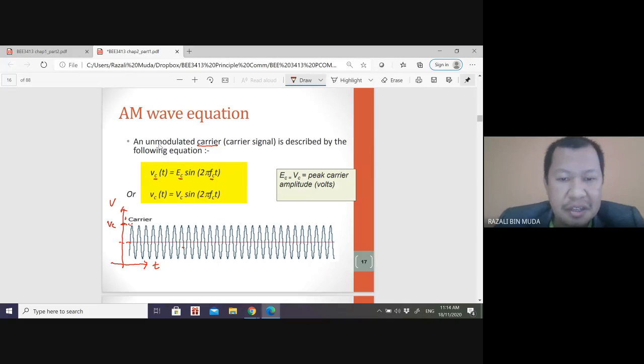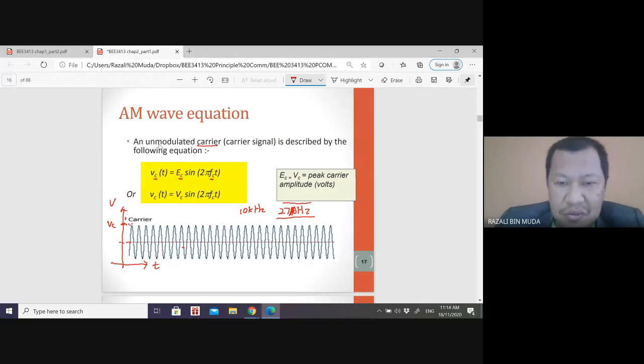FC is the carrier. So in the previous example, we have seen that FC, one of the value is 10 kilohertz. Now the value given is 27 kilohertz. So the value is much more bigger. Sorry, 27 megahertz. Yes, all right. So the value is much more bigger than the modulating signal.